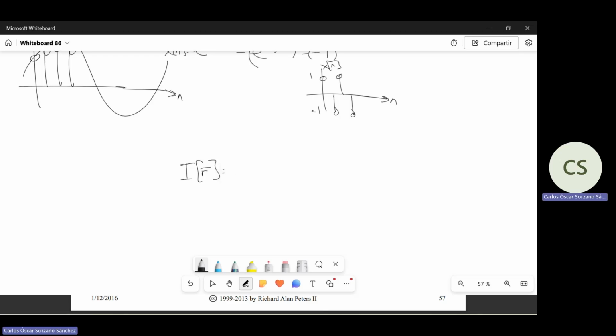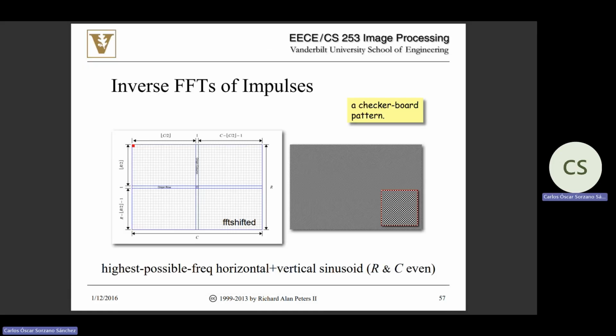It will be e to the minus j k x times e to the minus j k y, but this is minus 1 to the x times minus 1 to the y. So it is the multiplication of the two, and then you have this pattern.